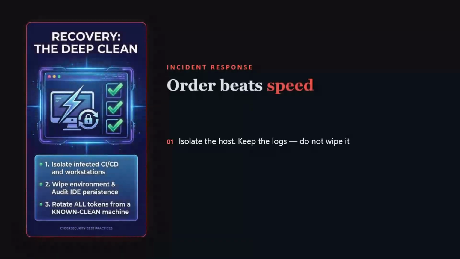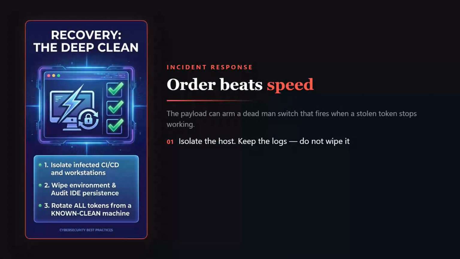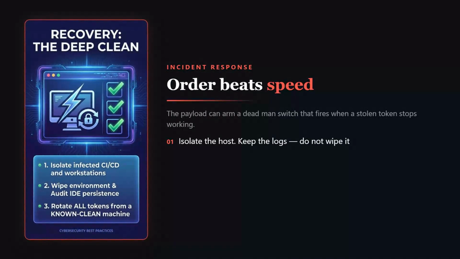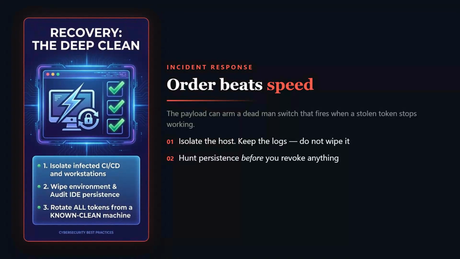If you think it did run, the order matters more than the speed. Isolate the machine first and keep the logs. Don't wipe it. Then hunt for persistence before you revoke anything, because the payload can arm a dead man's switch that watches a stolen GitHub token and fires when that token stops working. Revoke first and you pull the trigger yourself.